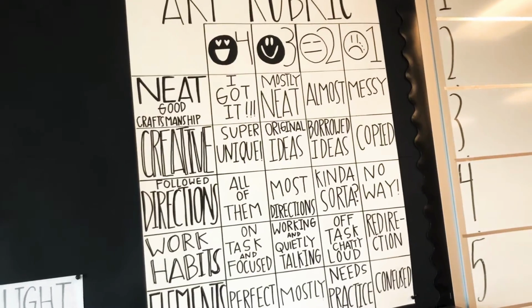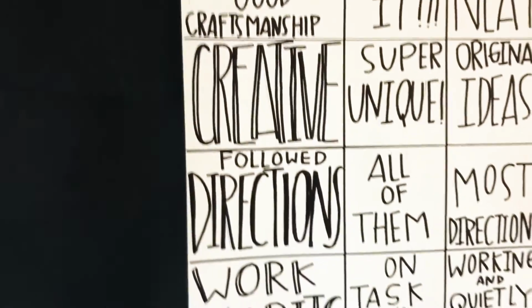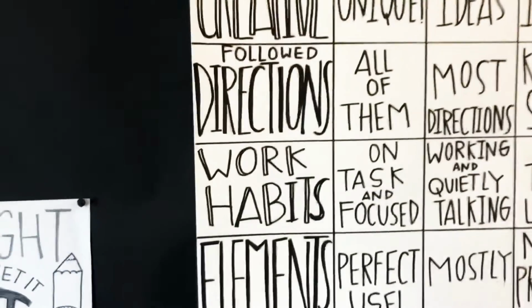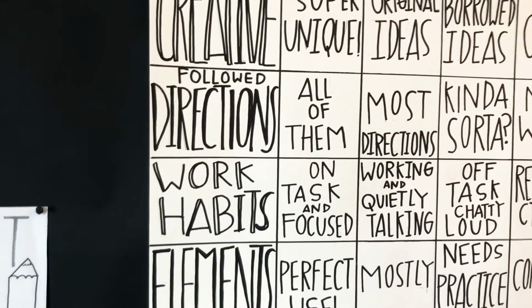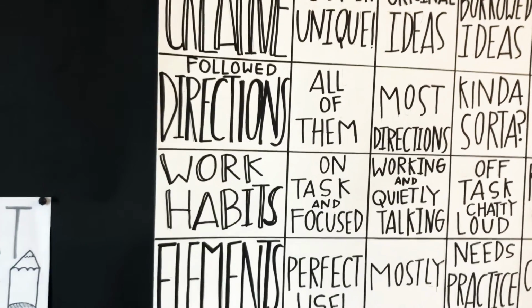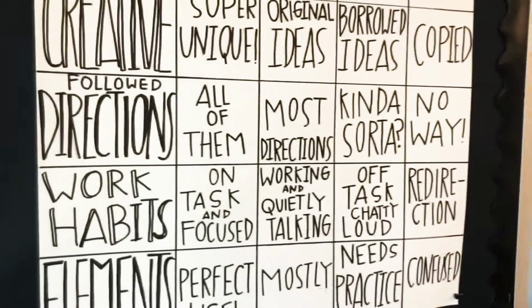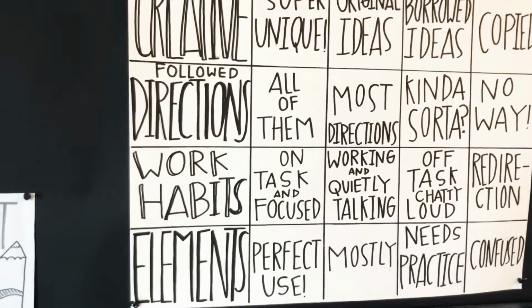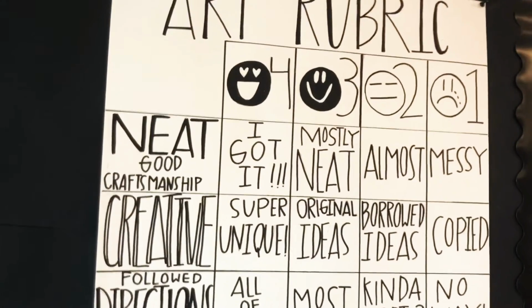In order to get in the smiley face, you need it to be neat, creative, follow instructions, have good work habits, and elements. For your work habits, since you will be at home, this will basically just be when we check in and when we have that Wednesday check-in that you are working well and that you are well on your way to the assignment. Everything else is pretty self-explanatory. So you always want to be in the smiley face.